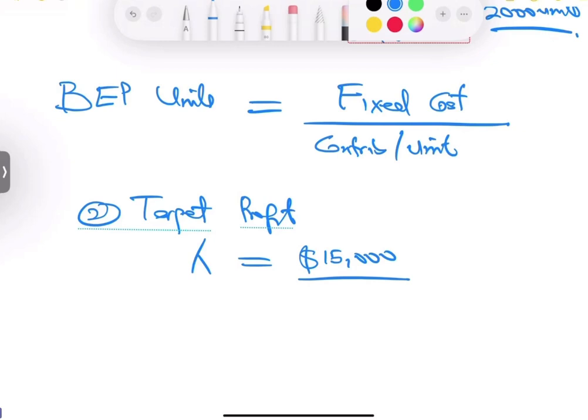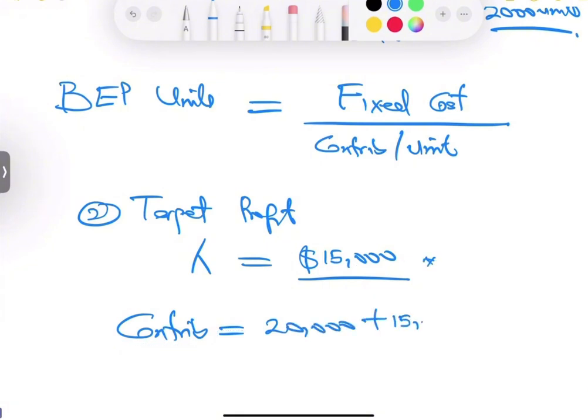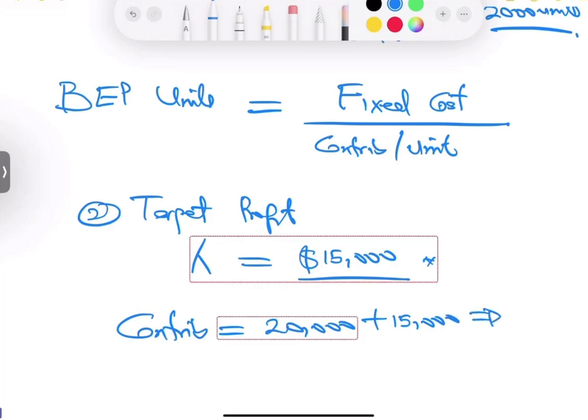So we want our contribution to be equals to fixed cost plus target profit. Are you with me? So which means you are practically targeting a contribution of how much? Fixed cost is 20,000 and your target profit is 15,000. So what you are saying is you are actually targeting a 35,000 contribution. That is what you are saying.